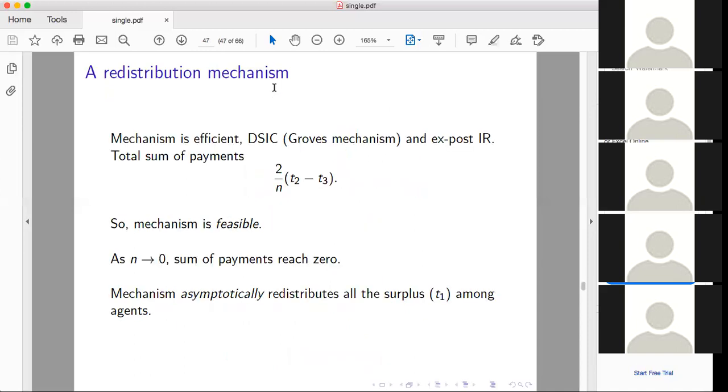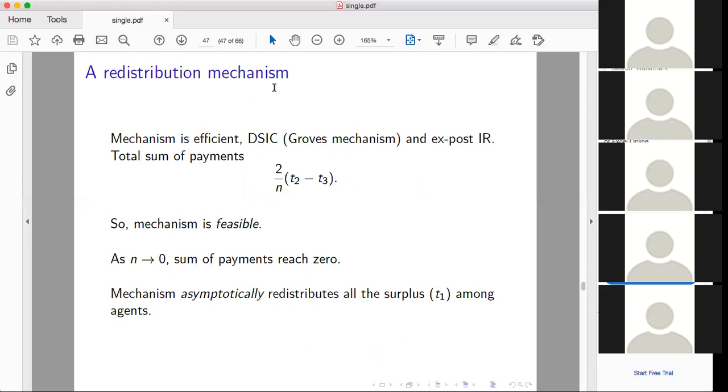Another way to think about this is that the DSIC constraints are very strong already. If you impose additional constraints like efficiency and ex post IR, the set of DSIC mechanisms will become smaller and smaller.